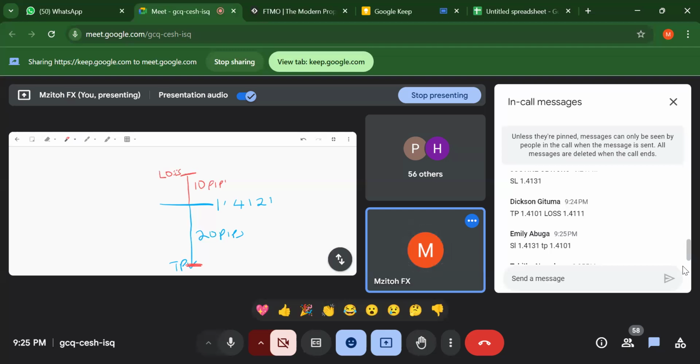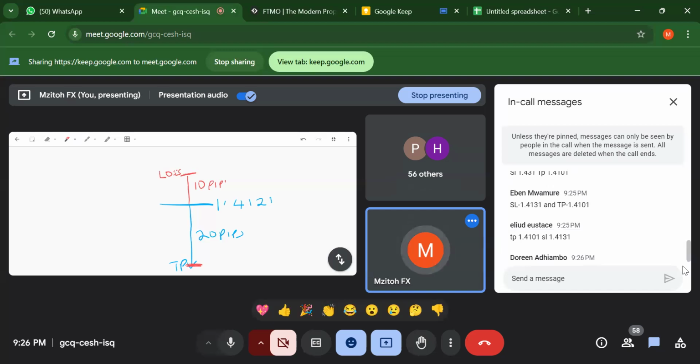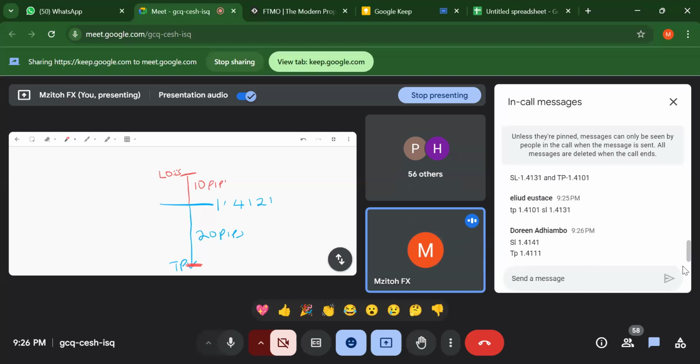So Gituma, your stop loss is wrong, but TP is correct. Emilia Buga, everything is correct. Nyambura, everything is correct. Grasha, correct. Eben, correct. Eliud, correct. Dorina Diambo, SL wrong, TP wrong. Michelle Mule, SL correct.